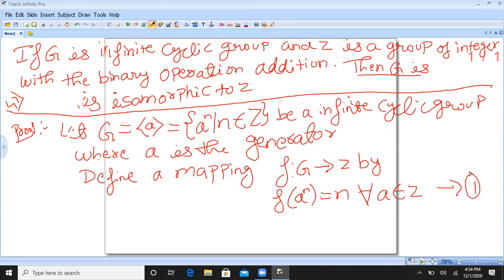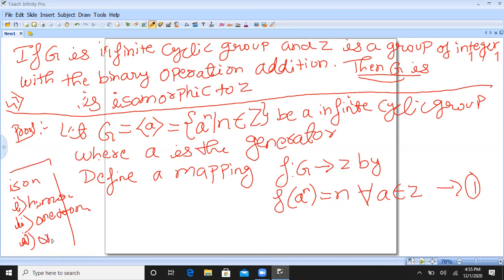To show it is an isomorphism, there are three steps: first, prove it is a homomorphism; second, prove it is a one-to-one mapping; and third, prove it is an onto function.